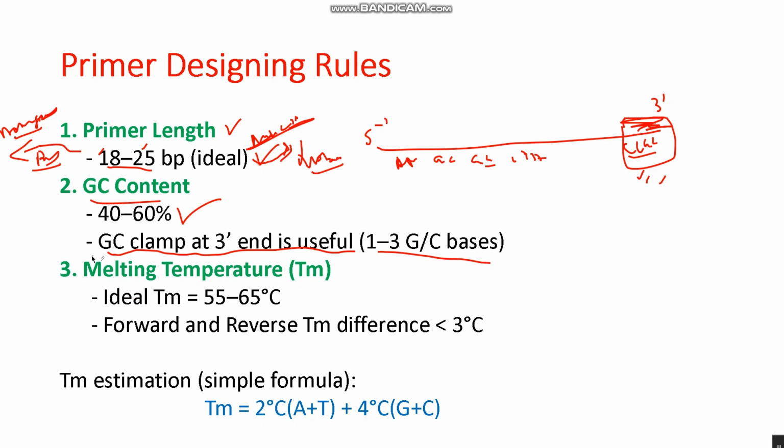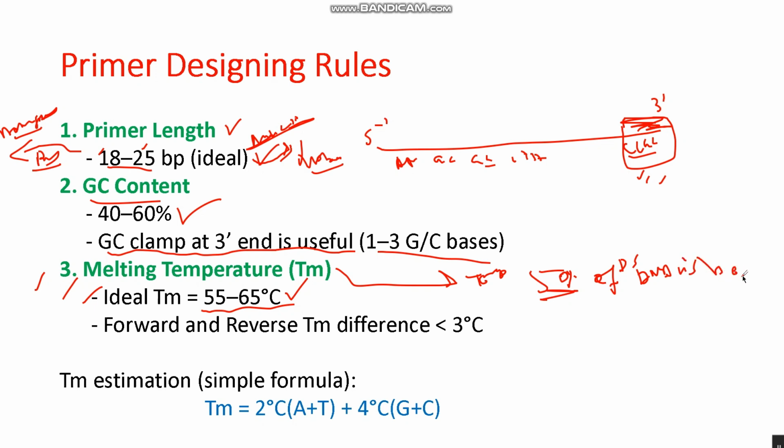And the melting temperature. Ideal temperature will be 55 to 65 degrees centigrade. Okay. What is melting temperature? Melting temperature is the temperature where 50% of the double-stranded DNA becomes single strand.